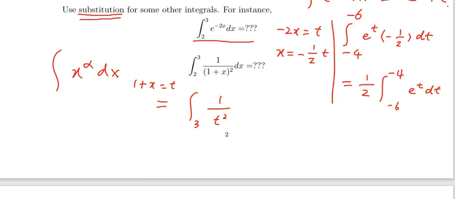When x equals 3, t is 4. Then changing this dx to dt, we find x equals t minus 1, so dx is just equal to dt. So for this integration, I change it to 3 to 4, t to the negative 2 dt. For this one, I know I can integrate it.